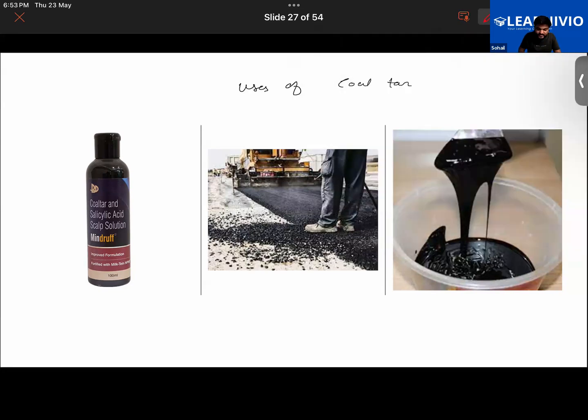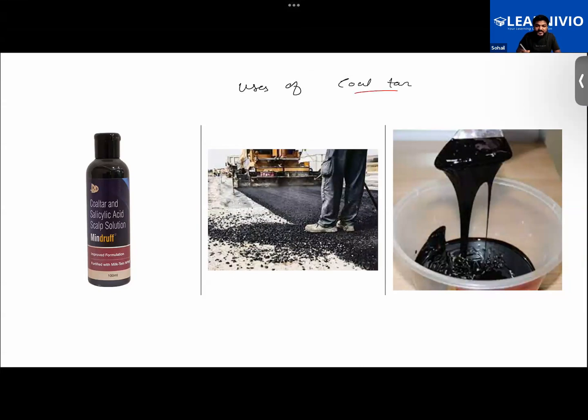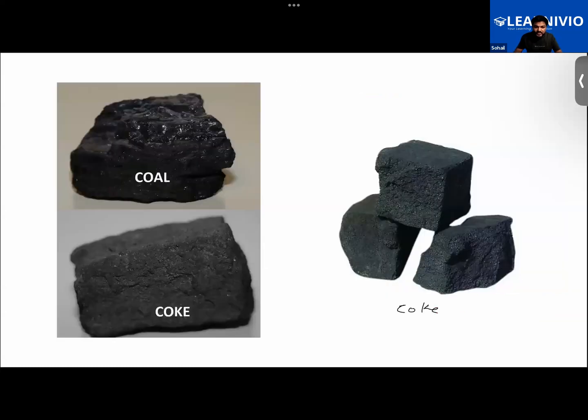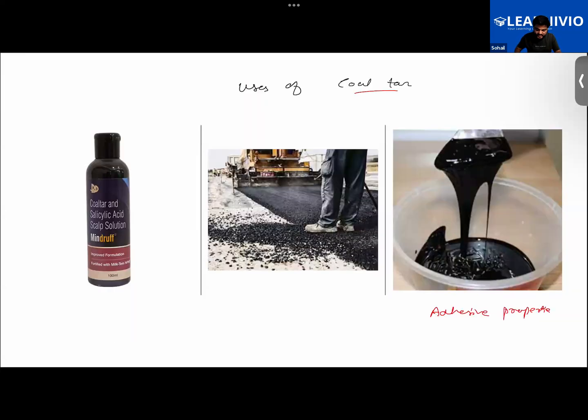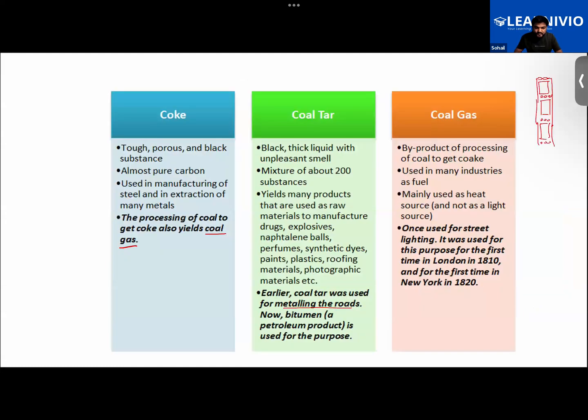It also has an adhesive property, so it is sticky. It will be binding the rocks together. So that is another thing about it.